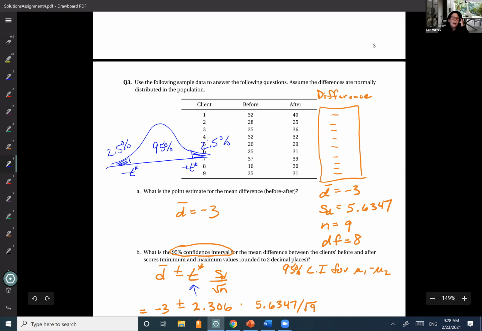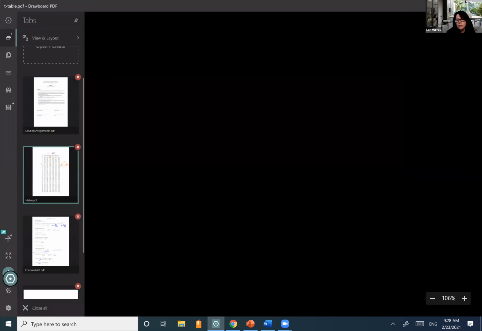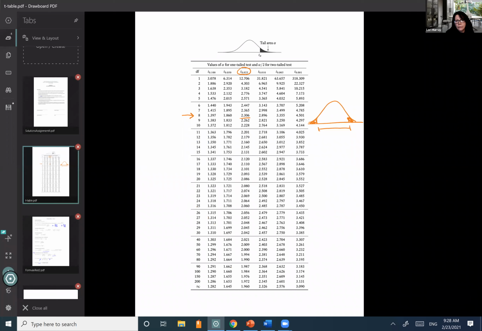And if you look that up, like we did on the table, 8 degrees of freedom in the column 0.025 gives us 2.306.